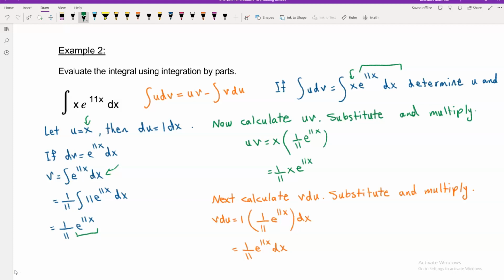If you want to check your answer, take the derivative of the exponential function. Here the power is 11x, so the derivative of that part is 11 times e to that power, and we have the 1 over 11. So this is exactly what we have here.